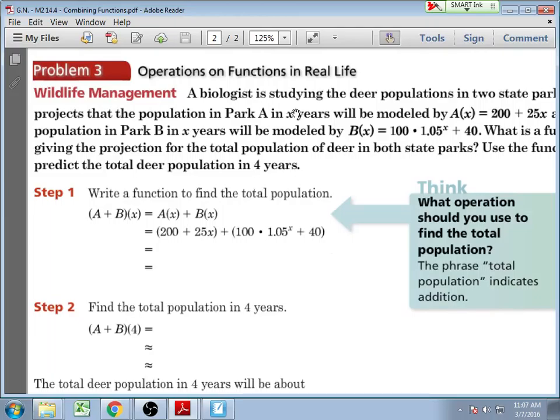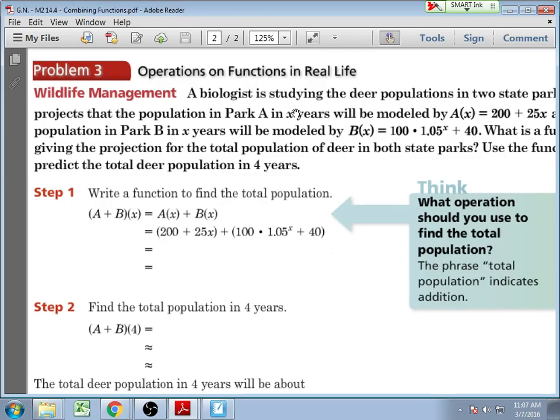So I plug in Park A's function, I plug in Park B's function, and it will make my life easier if I compose, or if I join them together first, if I do the sum first, then evaluate. Yes, for now, I could evaluate, then add them together, but it's easier to put them together first.